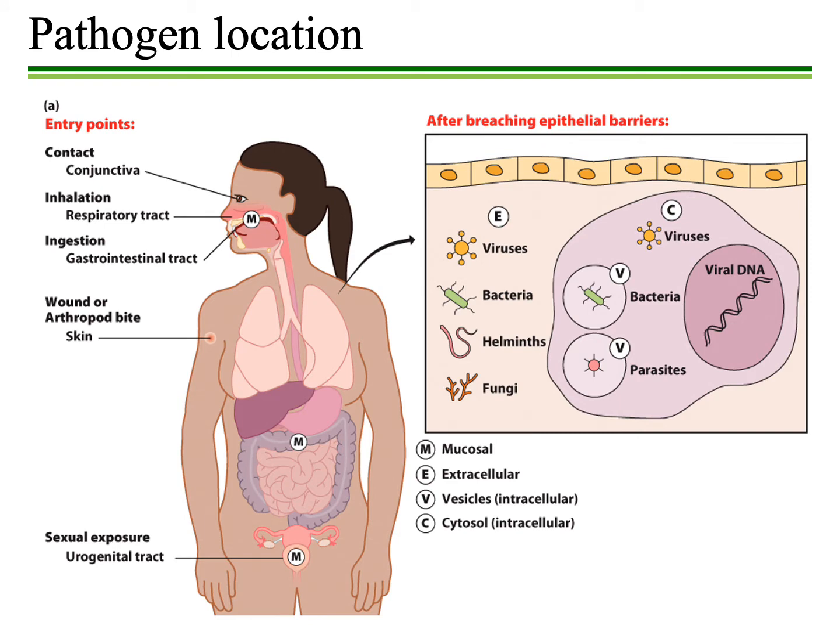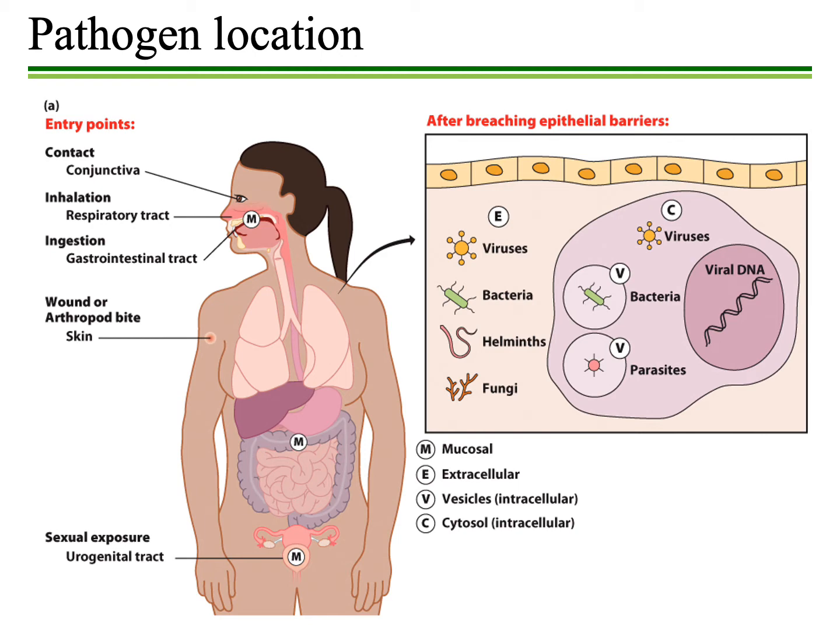So let's spend just a little time talking about pathogens in general and the location of where they can actually interact with the host system. The first thing we discussed back at the beginning of the semester was that in order for an infection to take place or to occur, there needs to be a breach in a physical barrier to allow for the potential pathogen to enter into the host system.